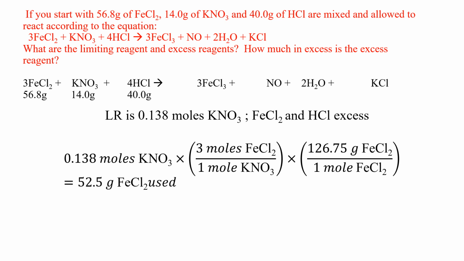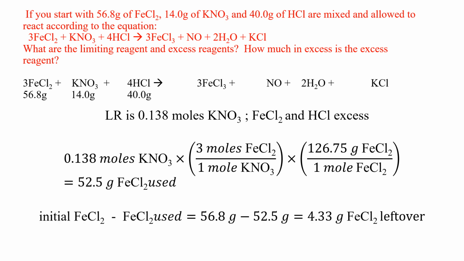Since the question is implying that you have to convert it into mass so that you can find out the leftover by subtracting the initial amount of iron 2 chloride in grams by the amount used, this is what I did here. I just multiplied by the molar mass of iron 2 chloride, and that's 52.5 grams of iron 2 chloride used or consumed.